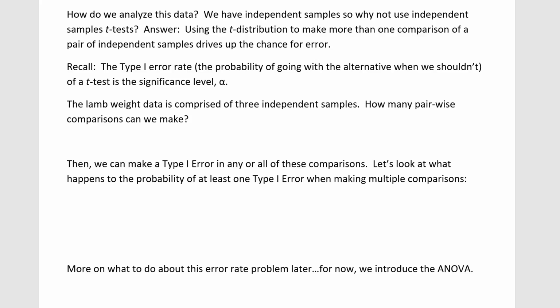The lamb weight data is comprised of 3 independent samples. So how many pairwise comparisons can we make? Well, we can have diet 1 versus diet 2. We can have diet 2 versus diet 3.